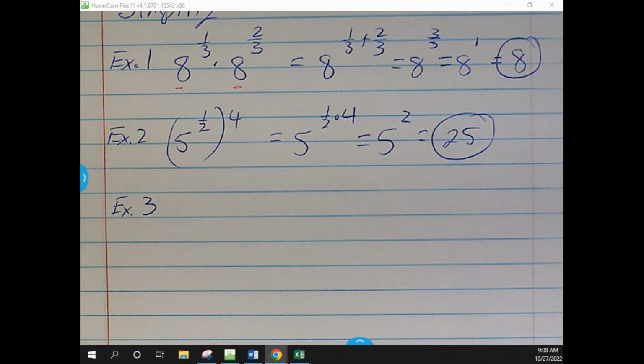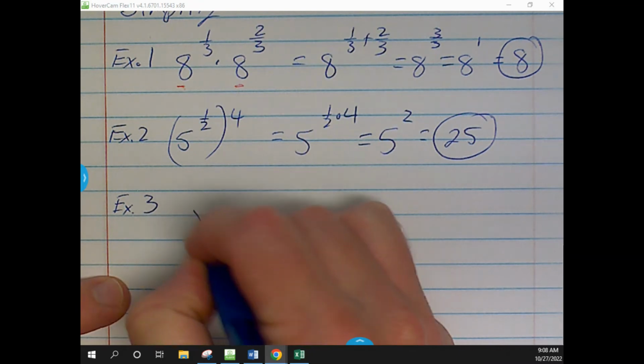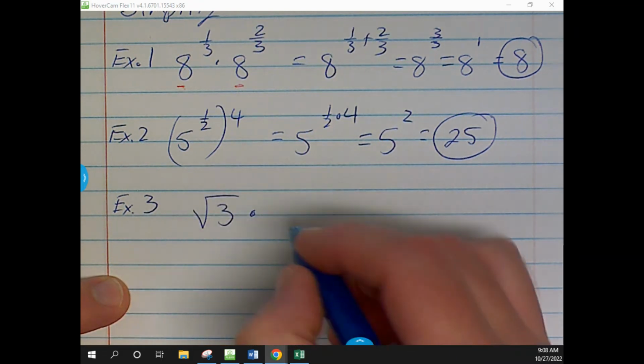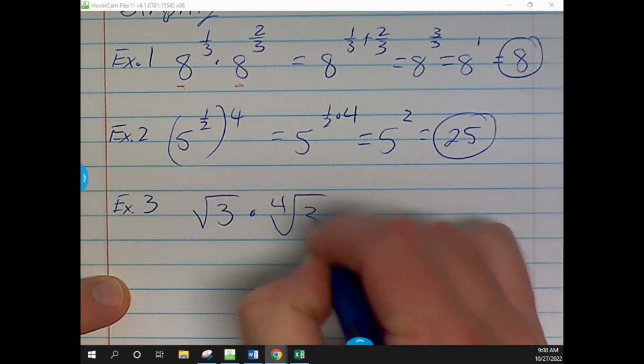Okay. Now, if they give it to you, here's where we're going to change it a little bit. So this is one of those cases where if they give it to you this way, you don't have to rewrite it, but it really probably is better if you do rewrite it. Because if you have the square root of 3 times the 4th root of 3.